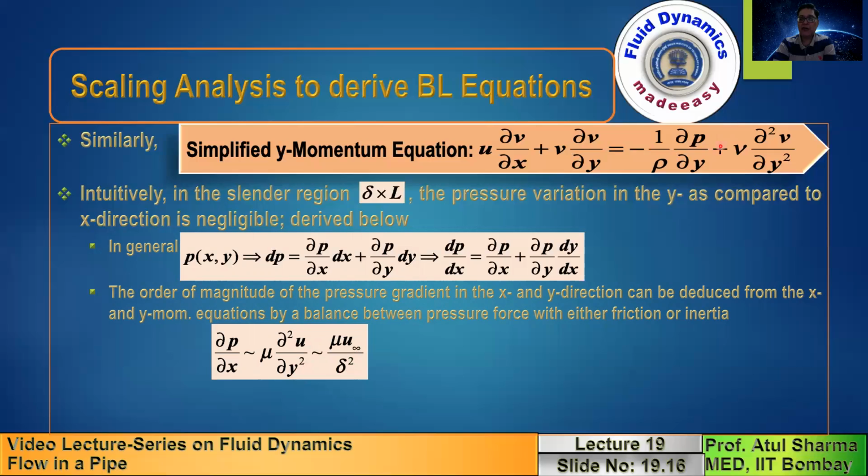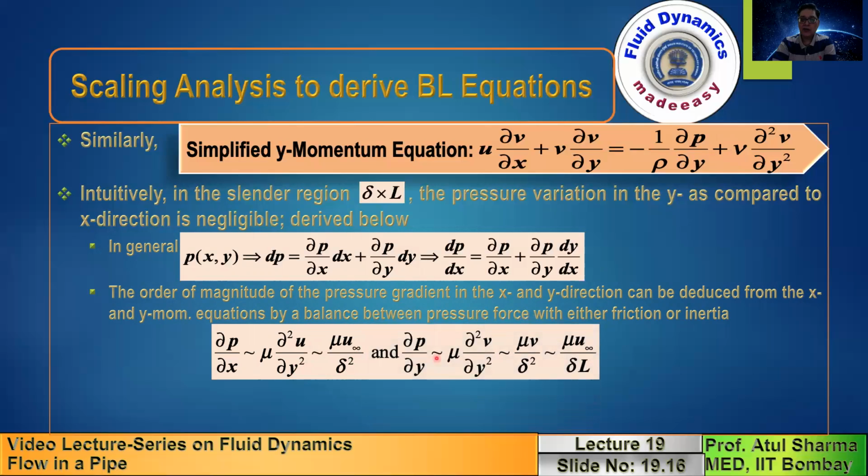And del p by del y is of the order of mu del square v by del y square. Note that here you have 1 by rho, so rho cancels down. Del square v by del y square is of the order of v divided by delta square. And from continuity equation, this v is of the order of delta u infinity by L. So if you substitute v equals delta u infinity by L, delta square becomes delta, and you get mu u infinity by delta L.